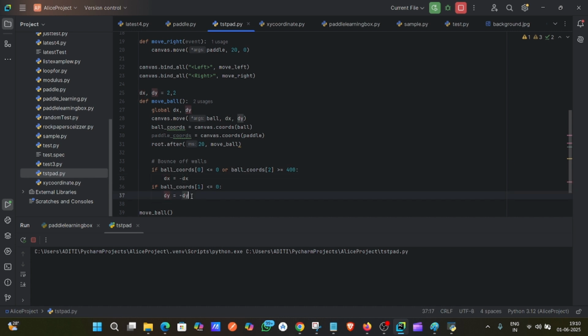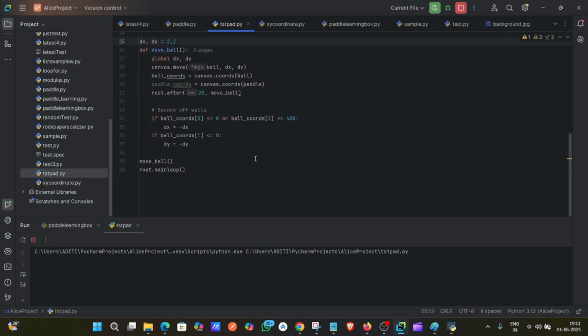Similarly for y also. If y1 of the ball is trying to be less than or equal to 0, I should make dy equal to minus 2, so that it should come in the downward direction. Negative is the downward direction, positive is the upward direction. We have seen that in the xy coordinate program also. So now let's run this again.